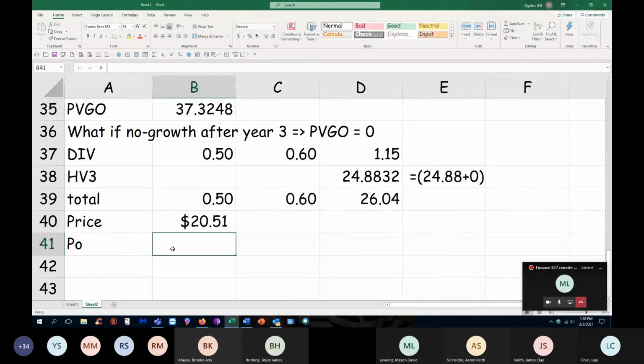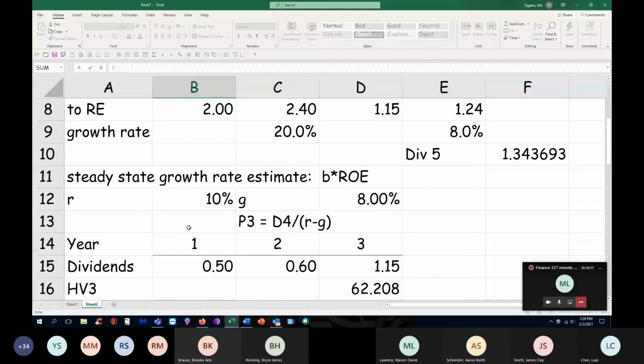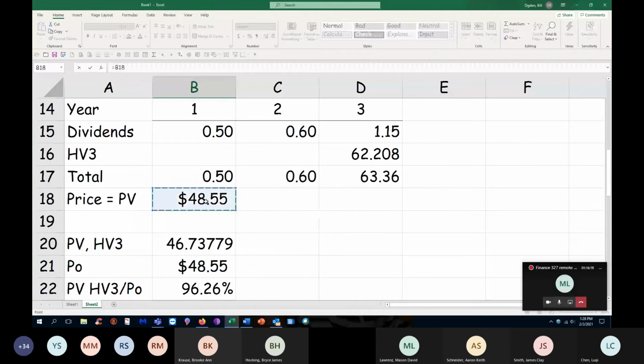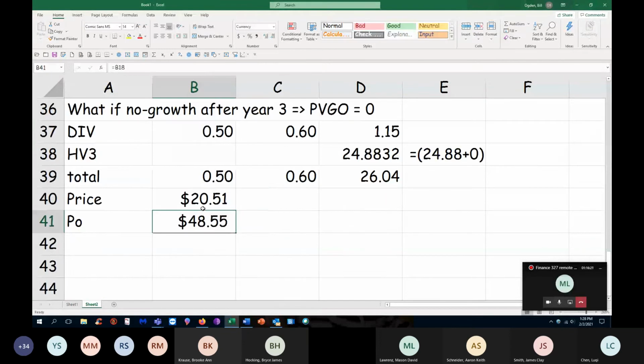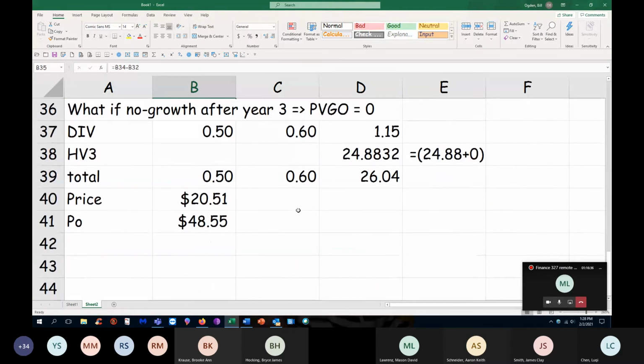was 48.55, wasn't it? Let me find it. Where'd it go? Here it is. Yeah, 48.55. You know what's changed? What's changed is that we are no longer receiving 37.32 3 years from now.